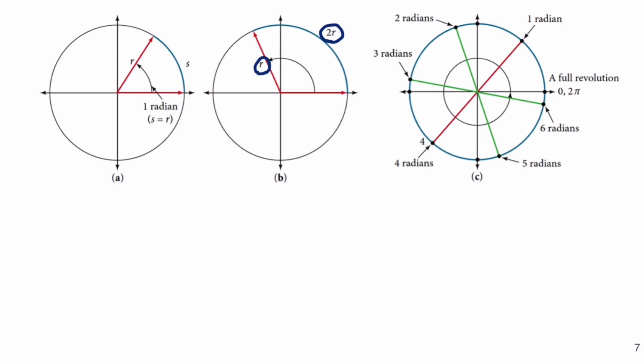The radius length is r, whatever r is, and the arc length is twice as big. So this angle here is 2 radians. If you look at the third picture here, we have all the radians, well, whole numbers, let's say.